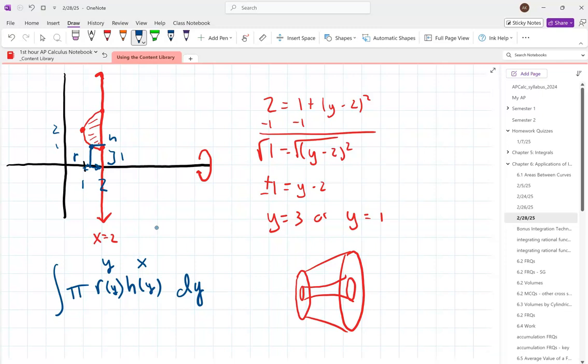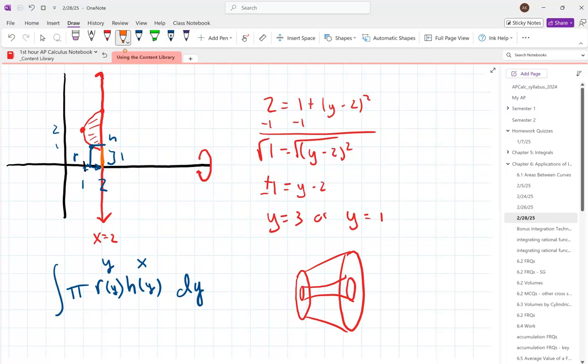So if I'm following my radius, what are the bounds for that radius? Well, the shortest radius would go from here to here, and the longest radius would go from there to there. So I would say 1 to 3.